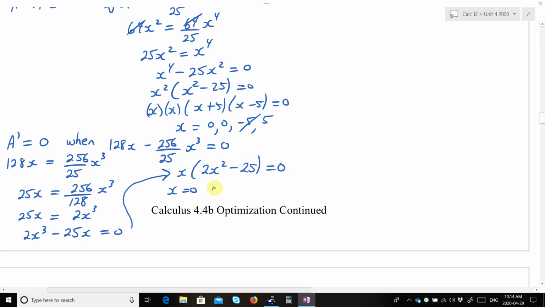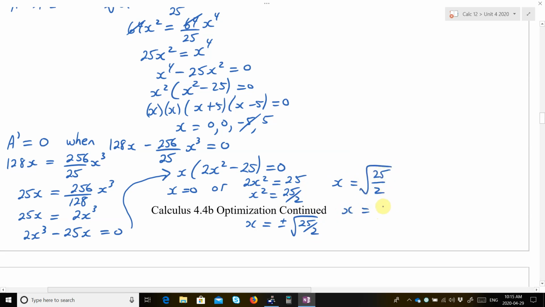So x equals 0, or 2x squared equals 25. So x squared equals 25 over 2. So x is plus or minus the square root of 25 over 2. X has to be greater than 0. So x is equal to the square root of 25 over 2, and if you take the square root of the top and the bottom, we will get 5 over root 2. There's our critical point.